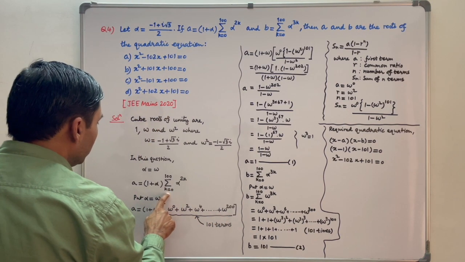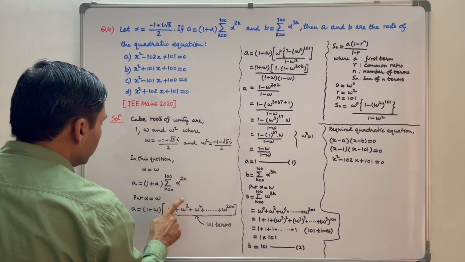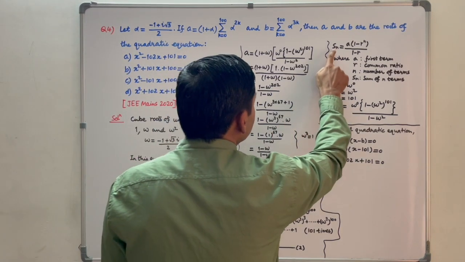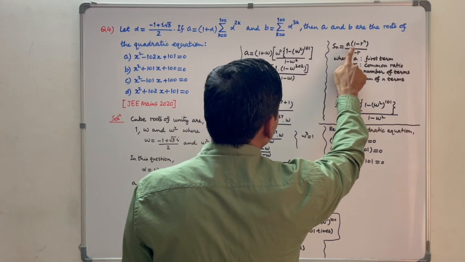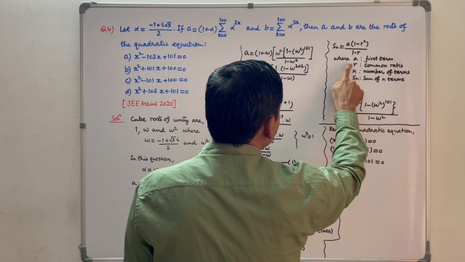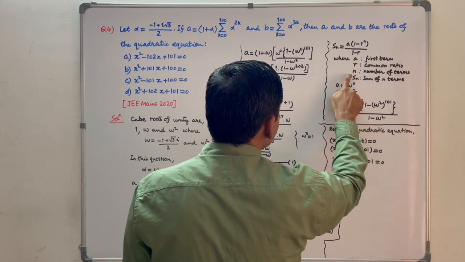From k is equal to 0 to k is equal to 100, there are 101 terms, and this is a GP series. Sum of n terms of a GP series is given by the formula Sn is equal to a into (1 minus r to power n) upon (1 minus r), where a is first term, r is the common ratio, and n is the number of terms.